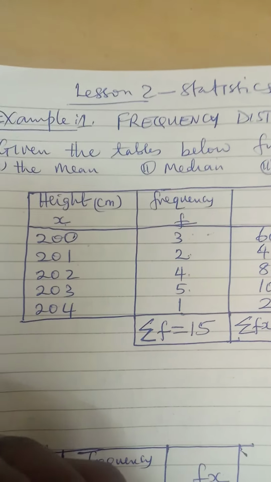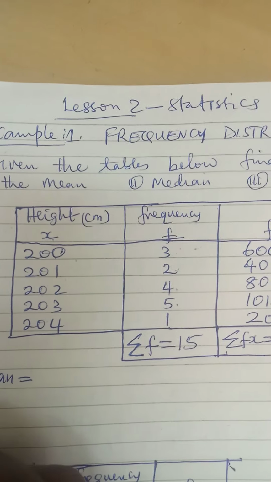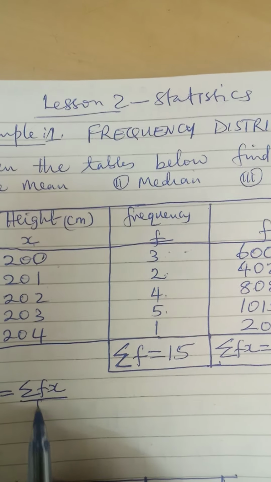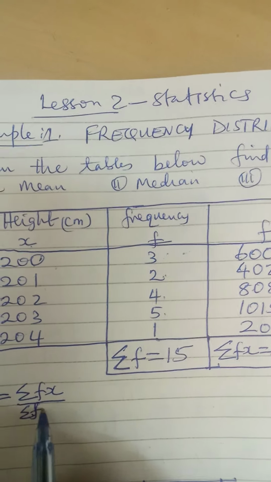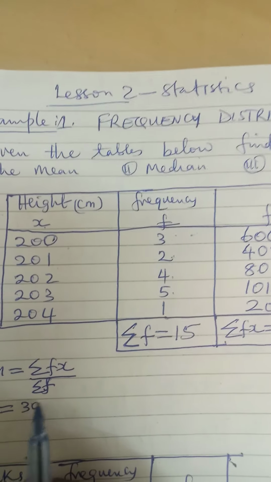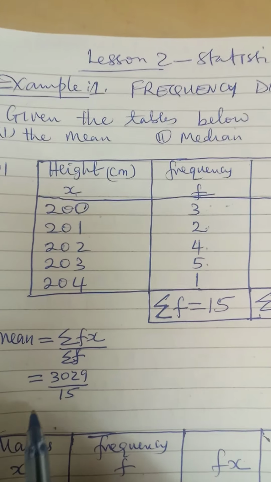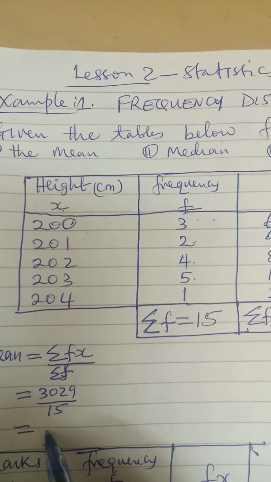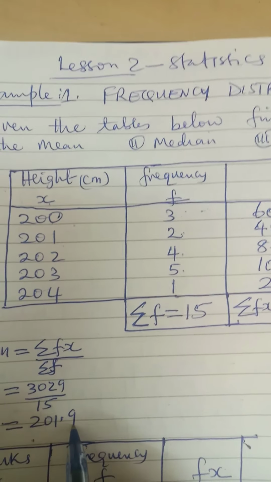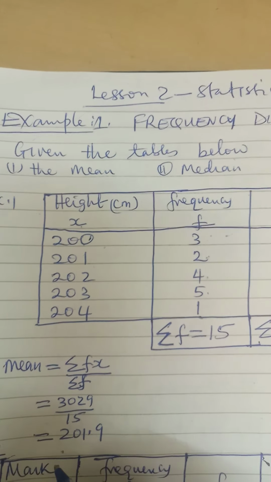Using this concept, our mean, which is our first part, is going to be obtained by using a formula which is summation f of x over the summation of f. When you substitute in here, we shall get 3029 divided by 15, and this will give us our mean by using the calculator as 201.9. 201.9 will be our mean.